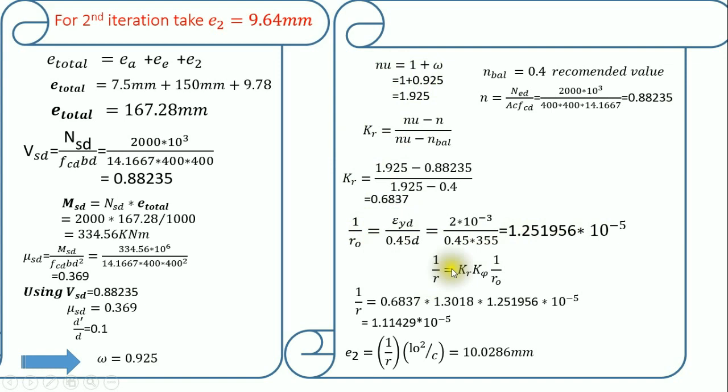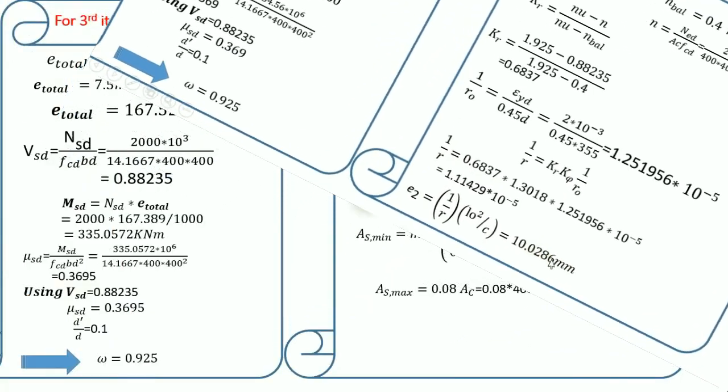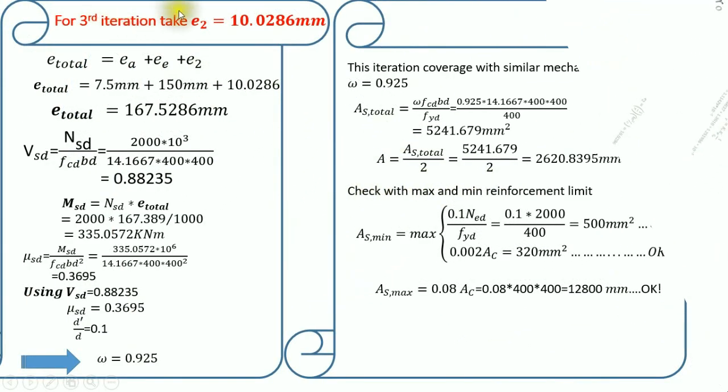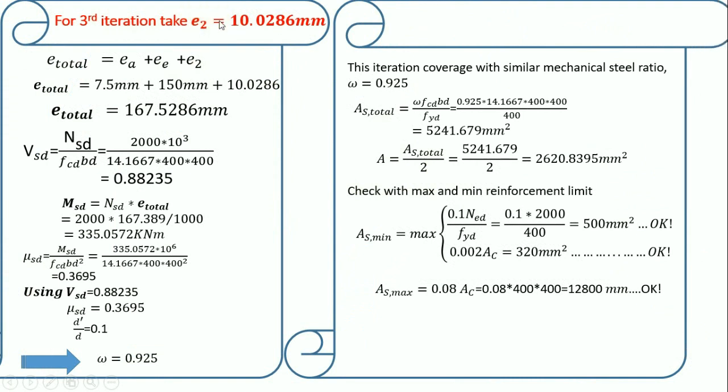So 1 over R is equal to KR K power 1 over R. The only difference is KR. So the value is here. E2 is equal to 10.0286 mm.